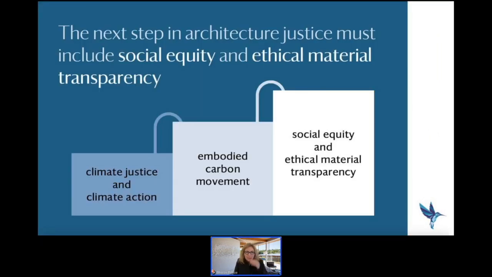And then we're going to also now take a bird's eye view. We're on the cusp of architecture justice and environmental breakthroughs. So you're already investigating the structural performance, the environmental impacts, low embedded carbon. So now we need to expand the definition of sustainability to ethical, social sustainability.